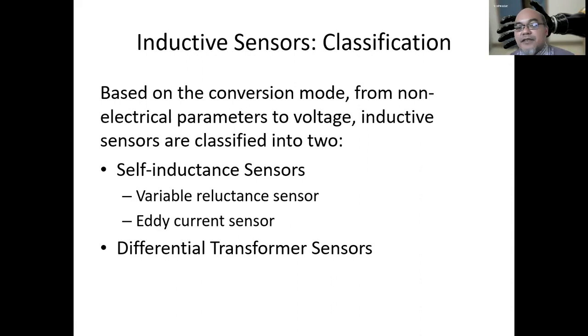The second one is the differential transformer sensor. The self-inductance sensors can be further classified into two subtypes. The first one is what we call the variable reluctance sensor. The second one is the eddy current sensor. Each will have different applications, as we will see later.